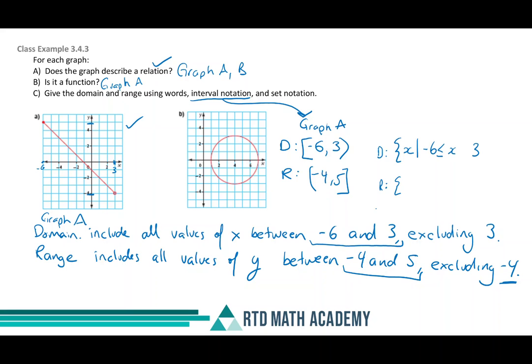If I have a round bracket, it means it is not. And then we say that x is going to be an element of the reals. I talk about these in further detail in the next lesson, next example. And y, we're still going to go from smallest to largest. We are not going to include the -4, so in our inequality symbol, we do not put an equal sign, but for the 5 we do, and that y will be an element of the real number system.